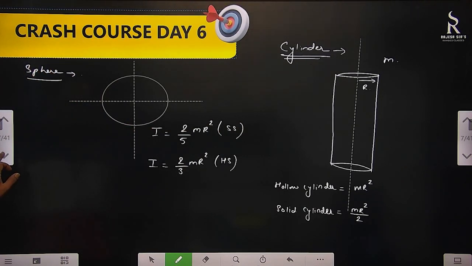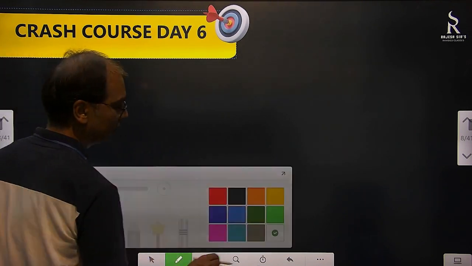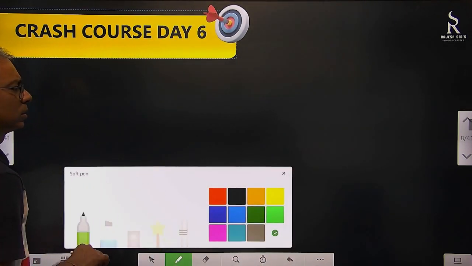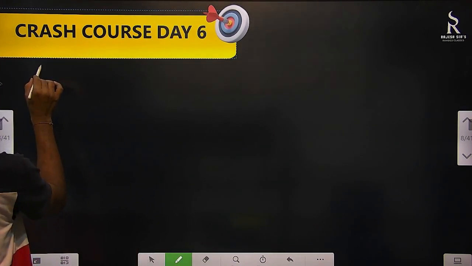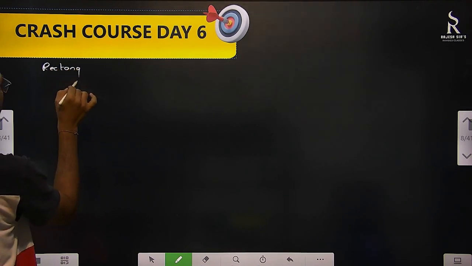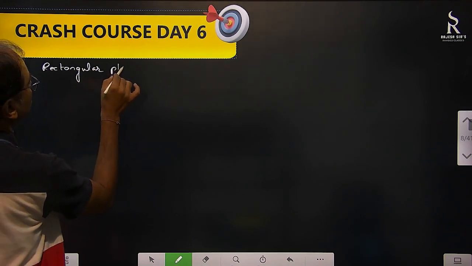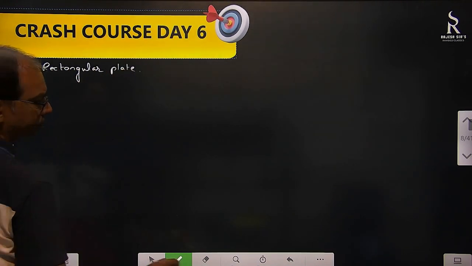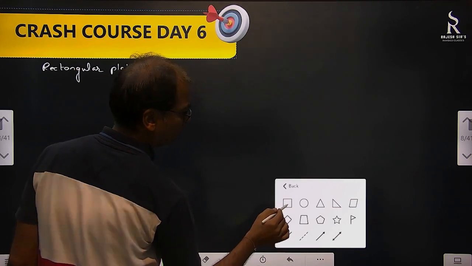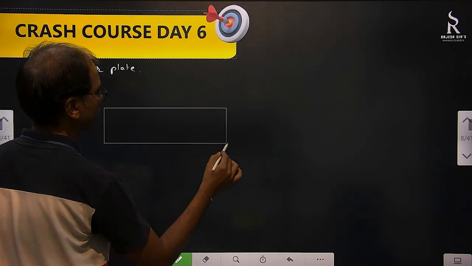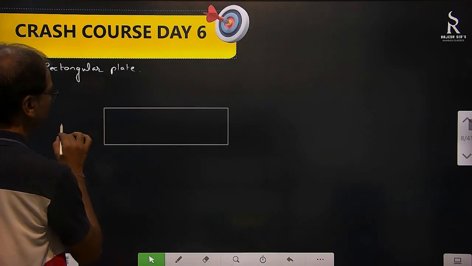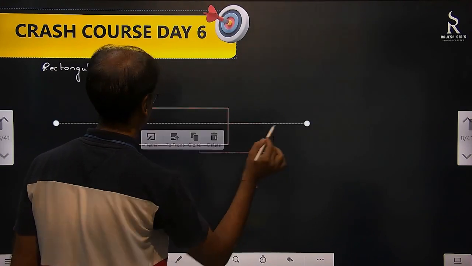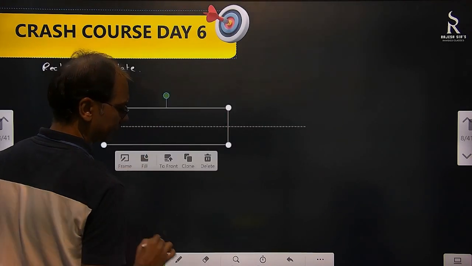Then after this, we'll find it out and use it later. Plates. Suppose we have a rectangular plate, something like this, and I want to know the moment of inertia about an axis like this, maybe the x axis here, passing through the center.